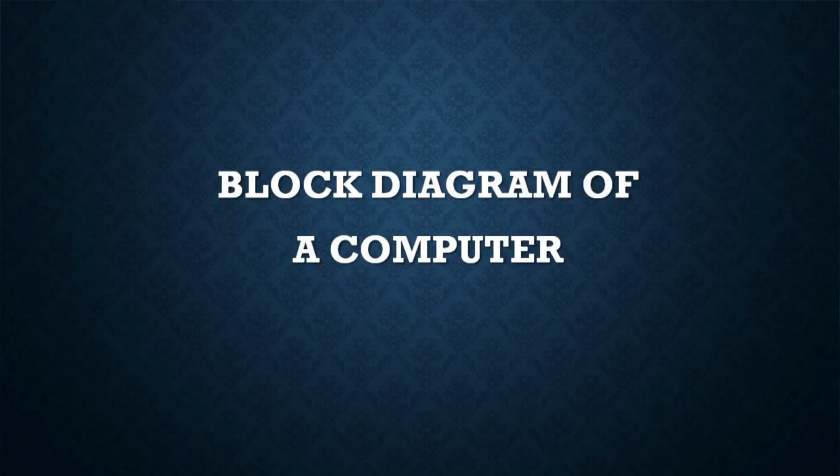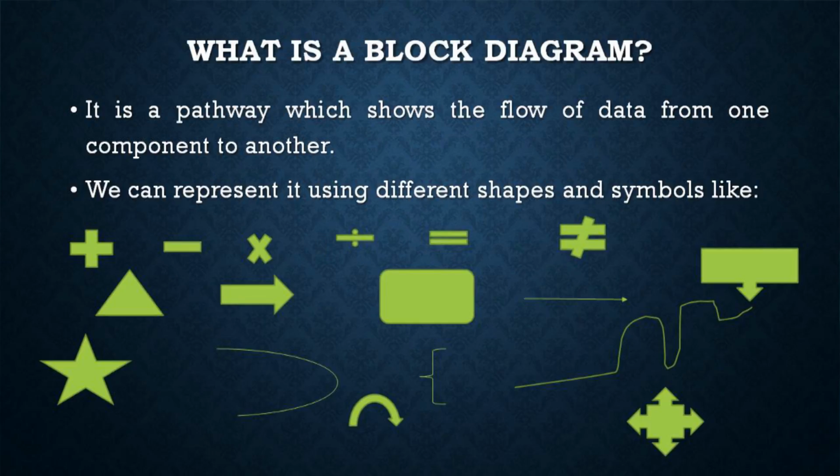What is a block diagram? As you can see in the picture, there is a diagram shown to you, and you can see there are certain symbols in them. Basically, a block diagram is a pathway which shows the flow of data from one component to another.